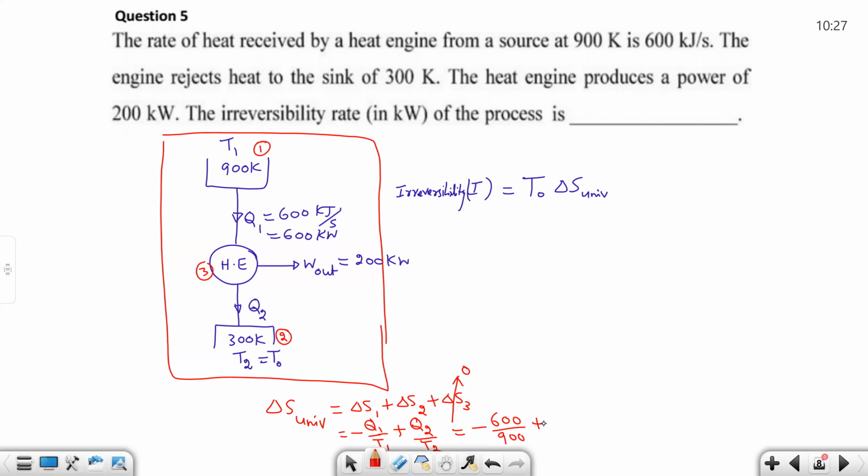Q2 will be Q1 minus work output, because we know that the work output is equal to Q1 minus Q2. So 600 minus 200, it is 400 kilowatt. This is the entropy change of the universe.